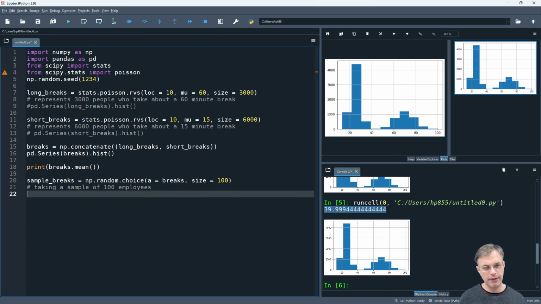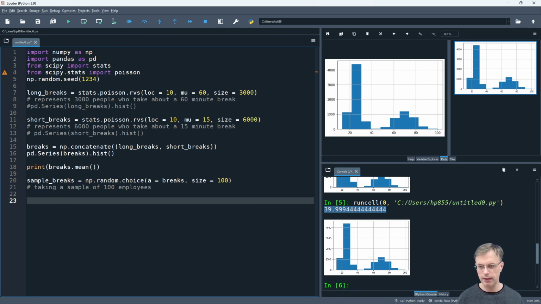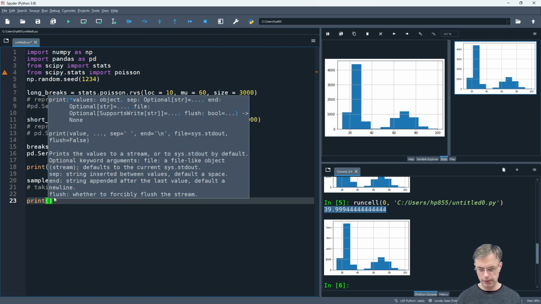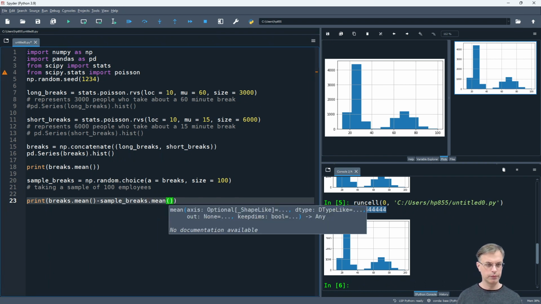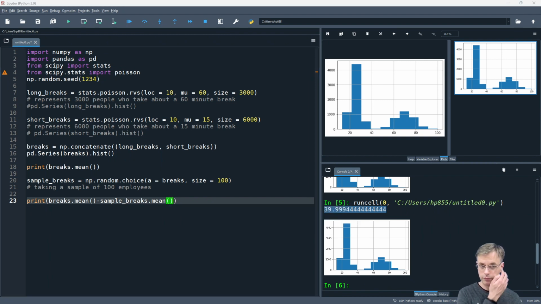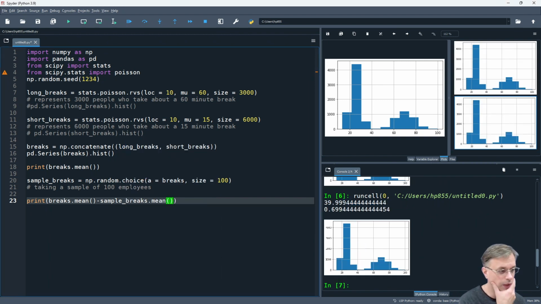Okay, now let's see, print the breaks mean minus the sample breaks mean. And let's see what we got.